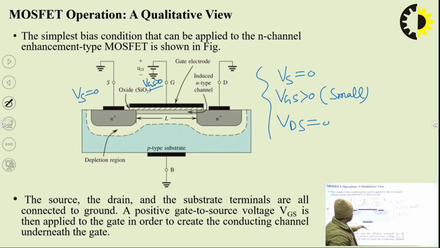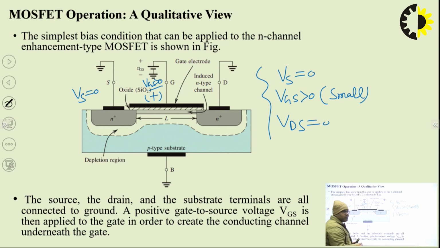At this situation, when VG is greater than 0, so if we have applied positive potential at the gate, then because of this positive potential, the holes in this p-type substrate will feel some repulsive force. Because of this repulsion, holes will go deeper inside the substrate.